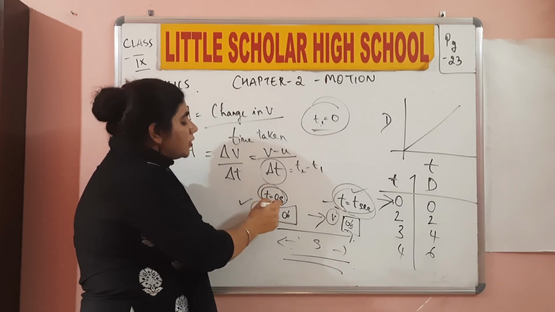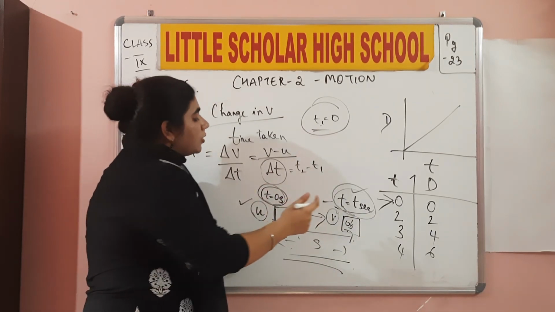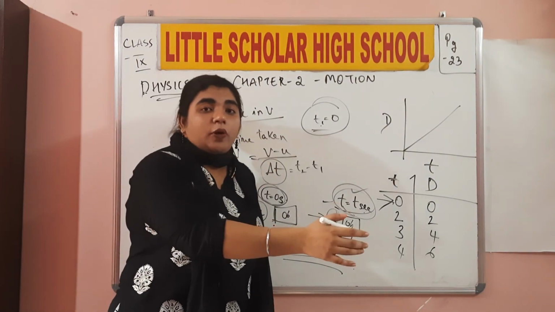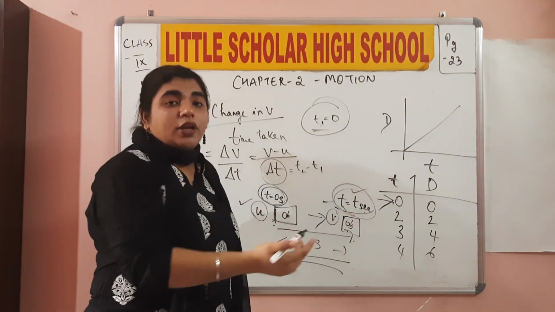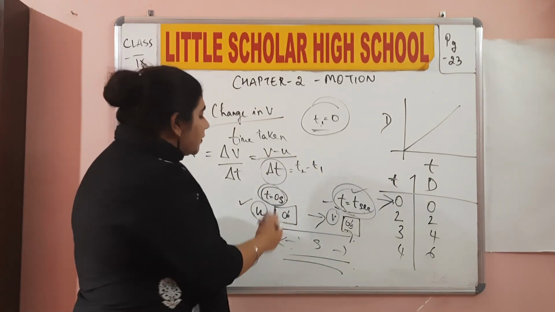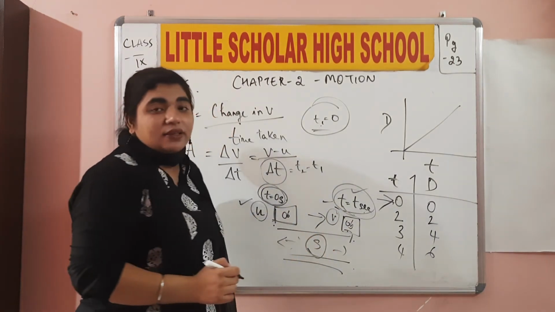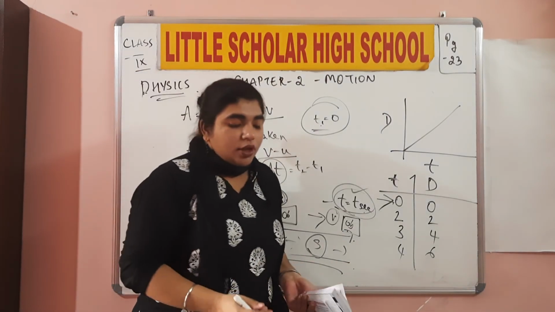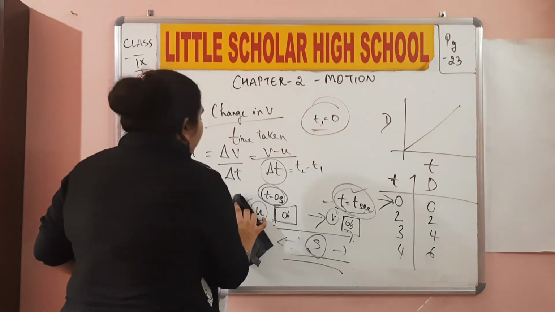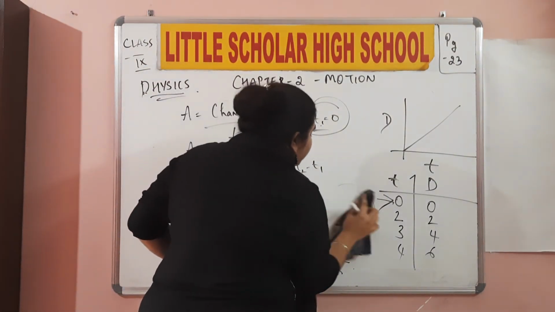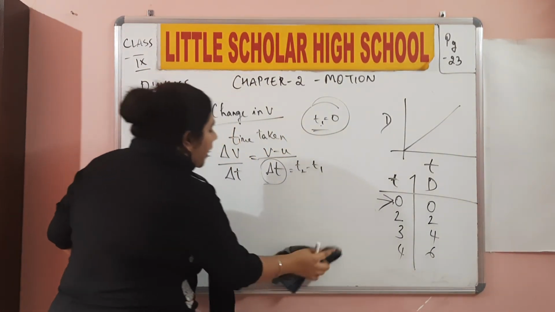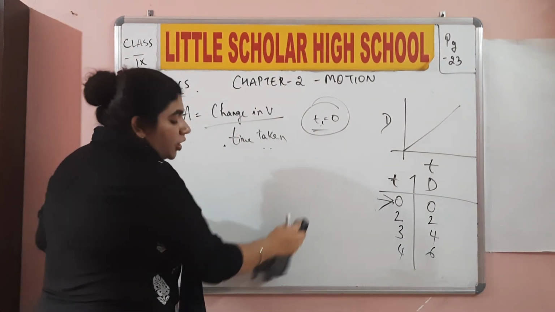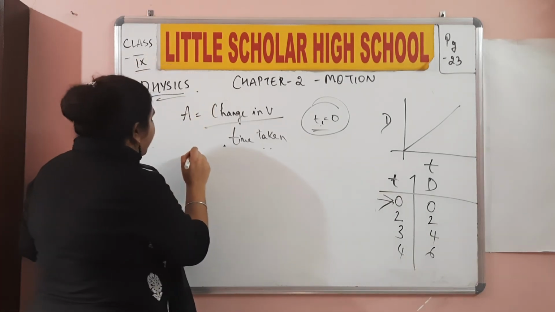And t is equal to 0 seconds is the start time, and t is equal to t seconds is the time taken by the body to reach the point B or the destination, and the distance or displacement between the 2 points is considered as s. Did you understand now? So here we are going to write further things. We are going to write a very simple equation over here. As we have seen, acceleration is equal to change in velocity by time. So acceleration can be denoted as a.